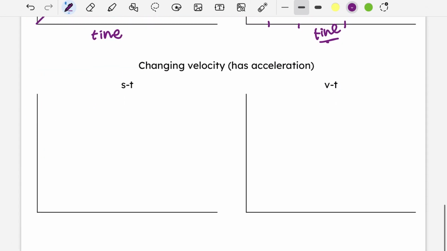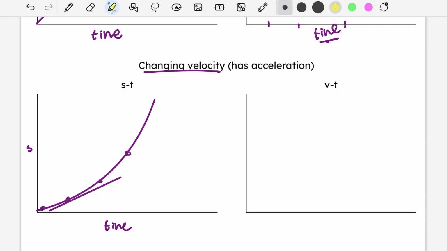Great, so what would this look like for changing velocity? Well, I still have my time and displacement graph. Remember, S is displacement, but the graph's gonna look something like this. And so that means at each point of this graph, there's a different slope. So I could get the slope right here at this point, and the slope is going to be equal to whatever the slope of this line is. And I could get the slope at this point.